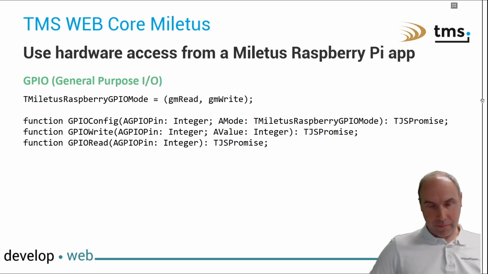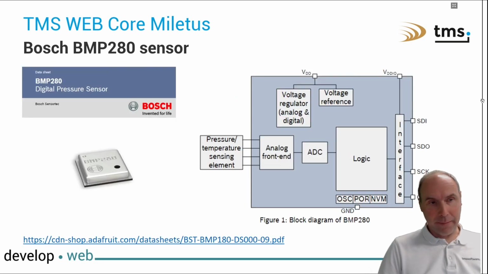You can configure each pin as an input or an output with the GPIO config method. If your pin is configured as an output, there is a function to write to this pin to set its value to on or off, and you can also read to detect the status of the electronic signal connected to this particular pin.